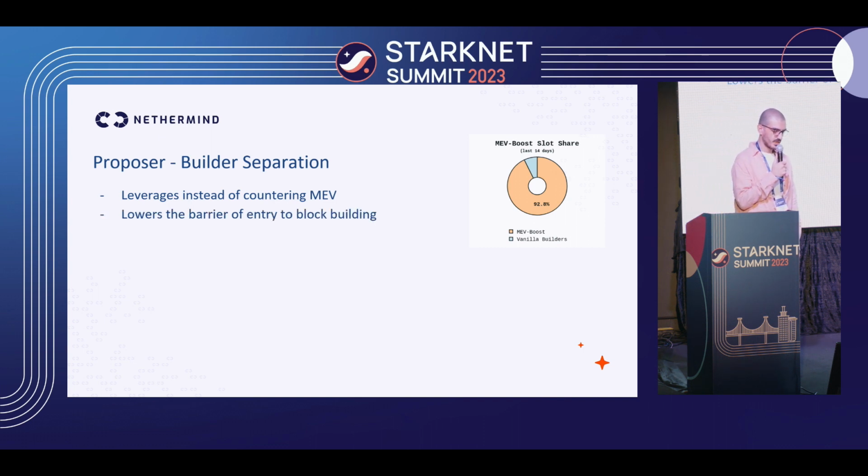The barrier of entry to block building, with the switch to PoS, changed to the capital investment of 32 ETH. Prior to that, it was the computational power that was needed for mining to be profitable.